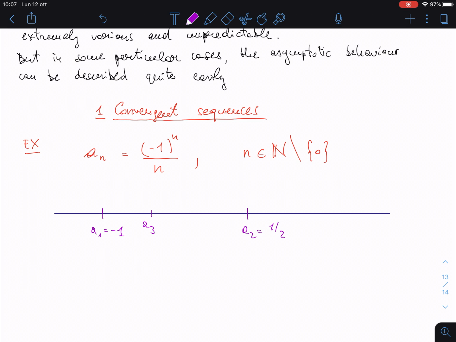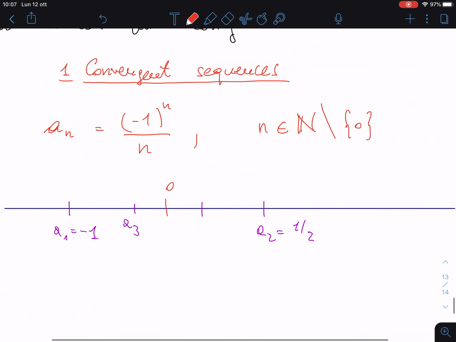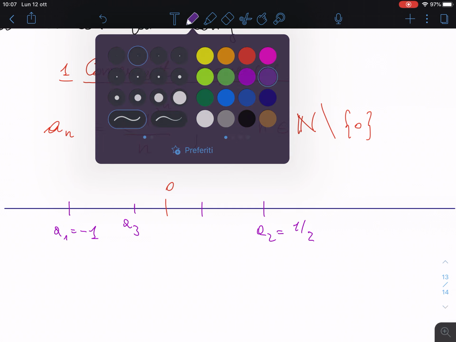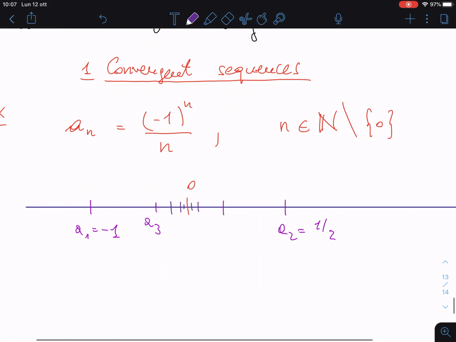Then a4 is 1/4, and so on. Here there is 0. And we see that the behavior of the sequence is to fall near 0, never approaching 0, and trying, in some sense, to shrink around 0 from both sides. Okay, this is the qualitative behavior.